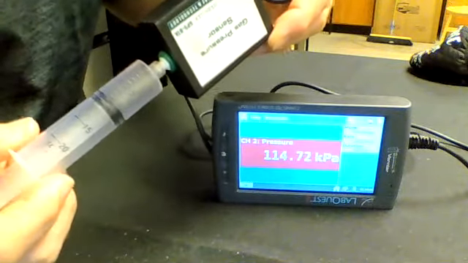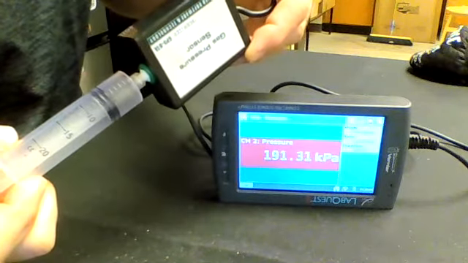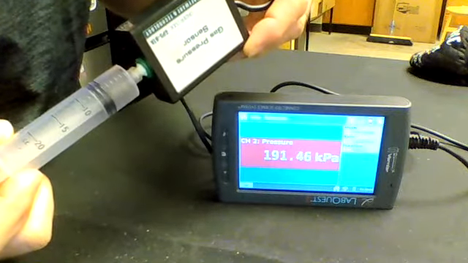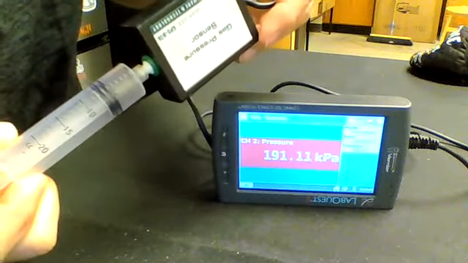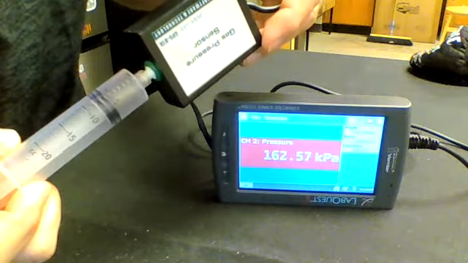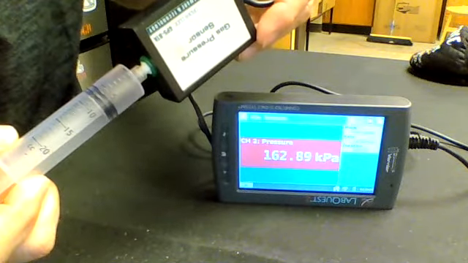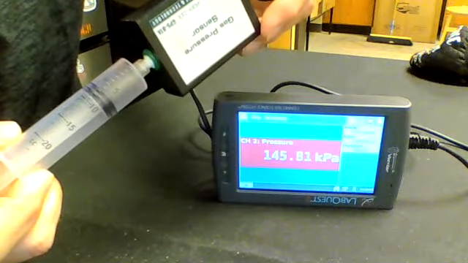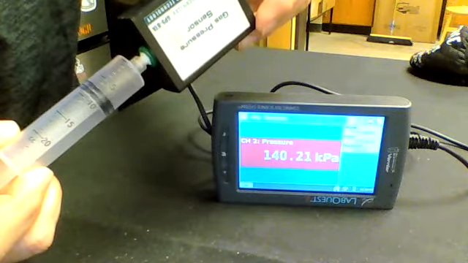So let me go to 5 now, see what our volume is going to be here at 5, and our pressure, 191. So again, you should be recording these in your lab manual. Let me go to 6. So I'm going to increase the volume, thus making the pressure go a little bit less. So 163 at 6. At 7, we're at 140.